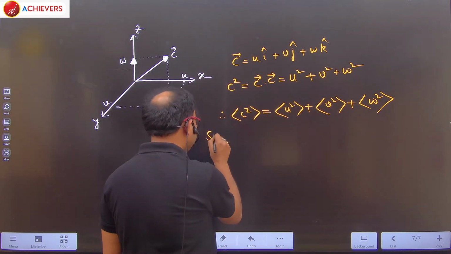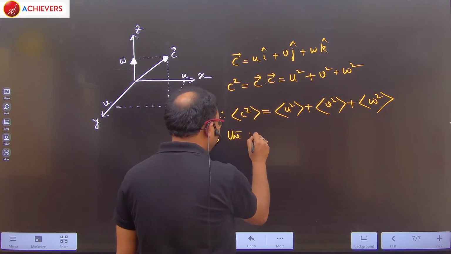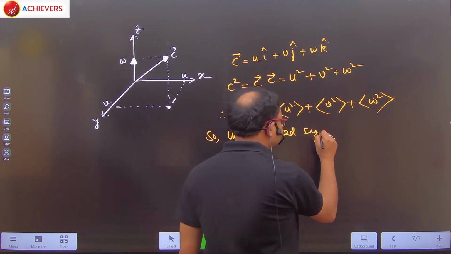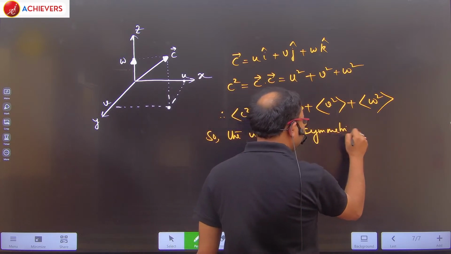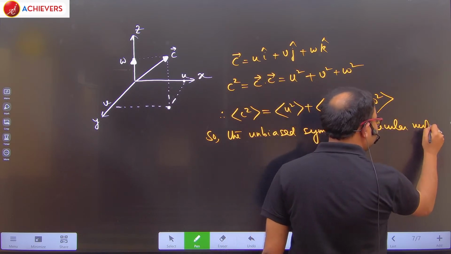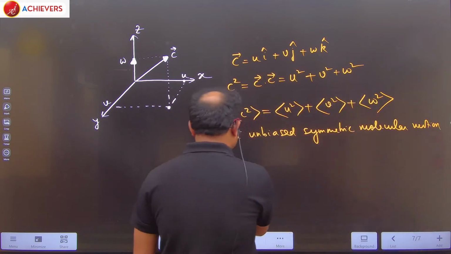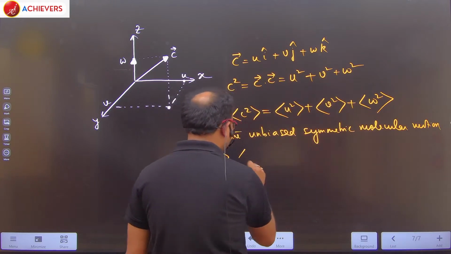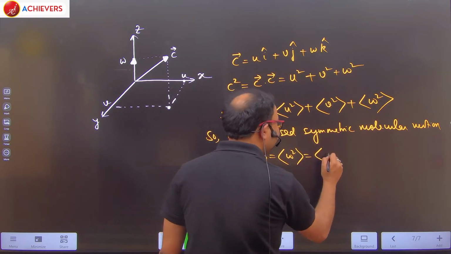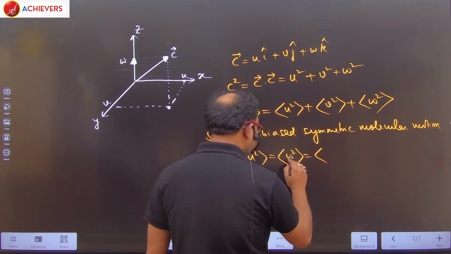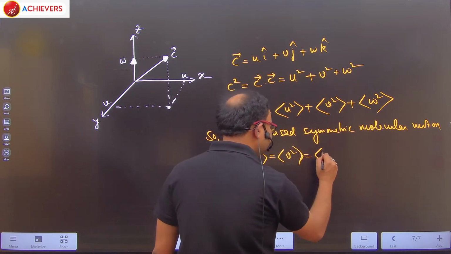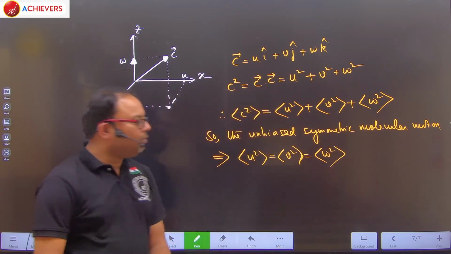So the unbiased symmetric molecular motion will basically render all these three quantities to be equal.